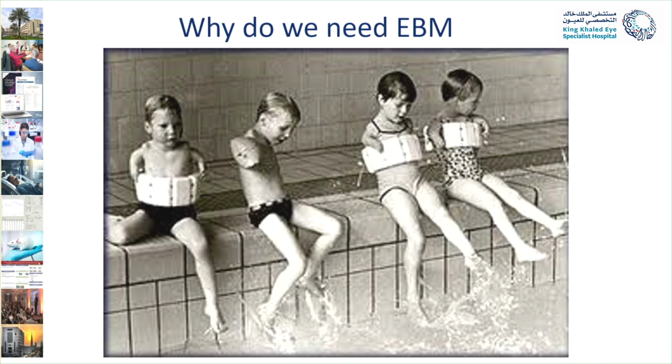As eye doctors or eye practitioners, probably you have not seen this. This is a calamity that affected people in Europe after the Second World War. It's called phocomelia, and it was an observation by some physicians that thalidomide, a medicine that was introduced in the 40s to treat depression after the war, and it's good for nausea and hyperemesis gravidarum.